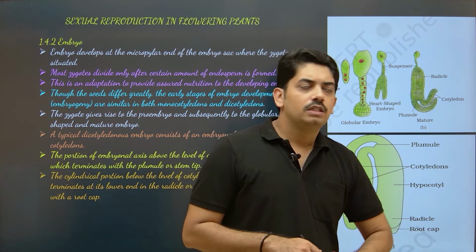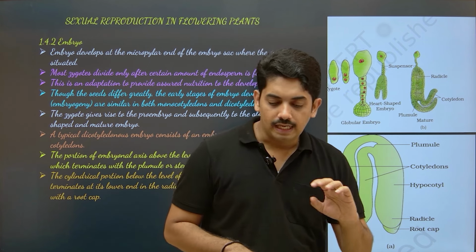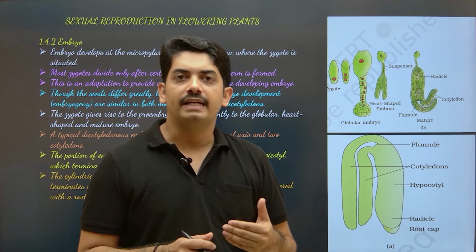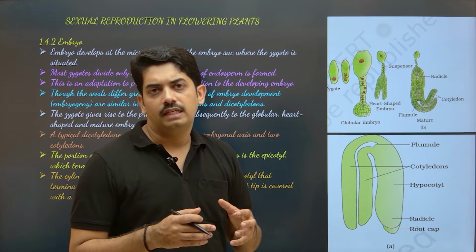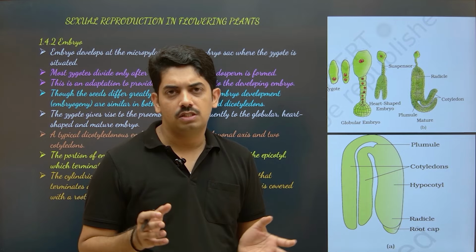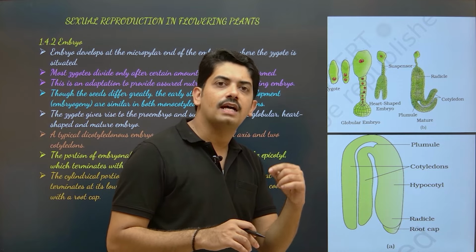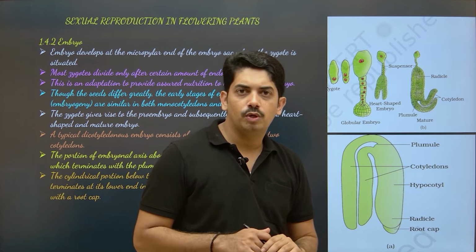Okay, just observe this picture. What happens to the zygote? The zygote is diploid. As it starts to divide mitotically, the number of cells will increase, and initially it just forms a mass of cells, and this mass of cells slowly starts to differentiate, and first it forms the globular embryo.